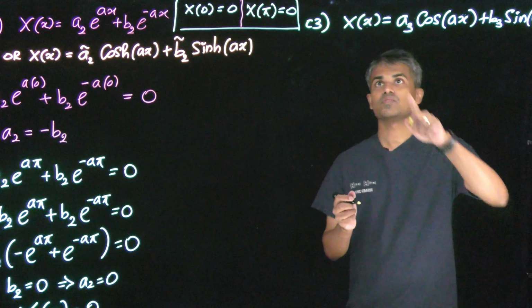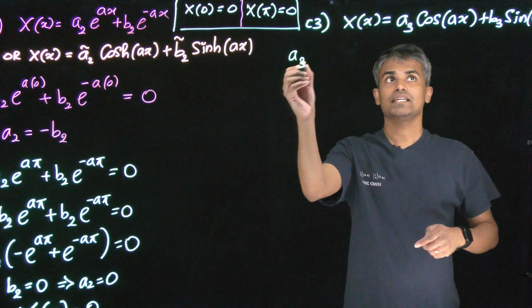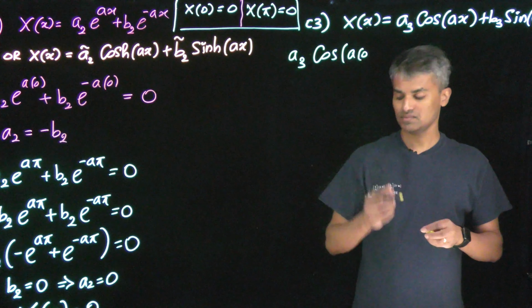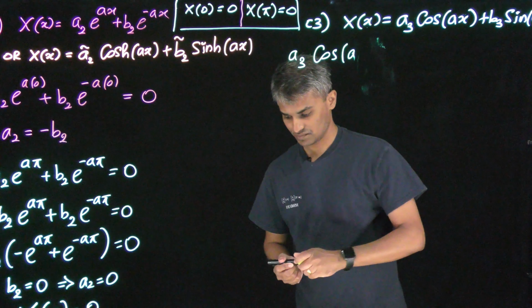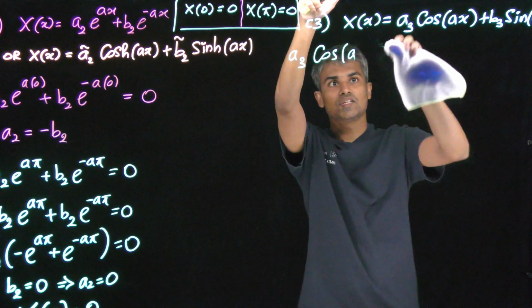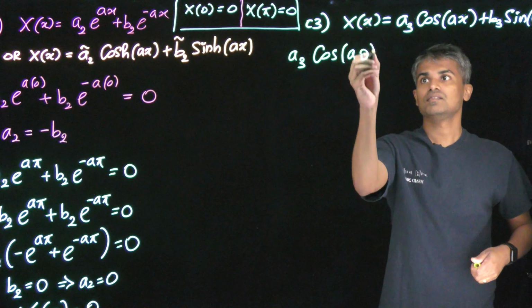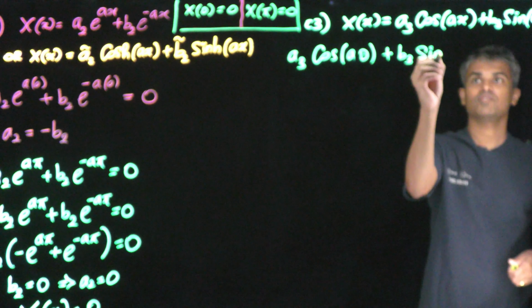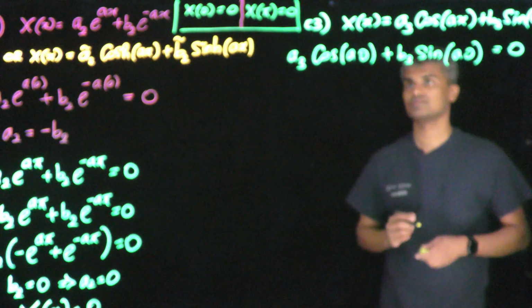Okay. So when x equals 0, you have a3 times cosine of a times 0 plus b3 times sine of a times 0, and this equals 0.